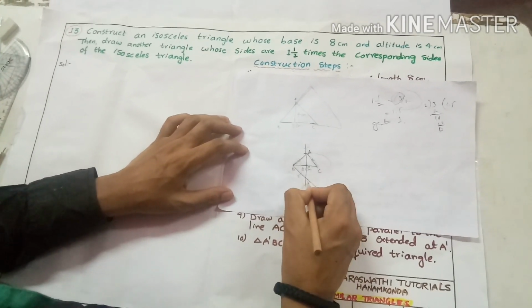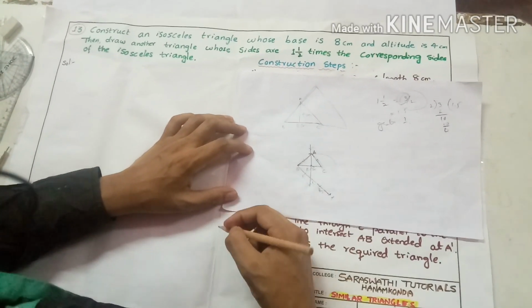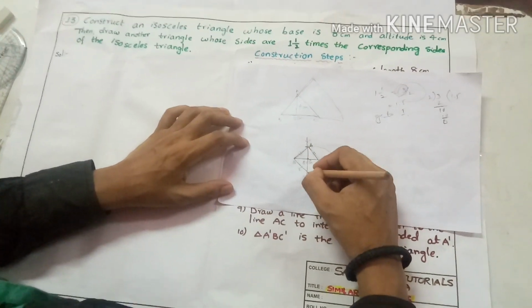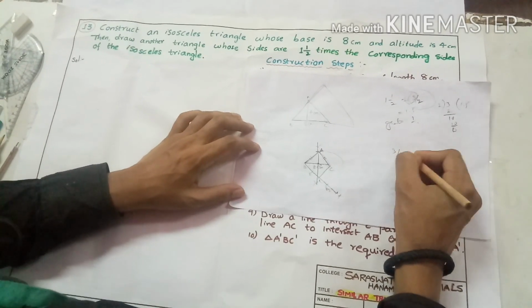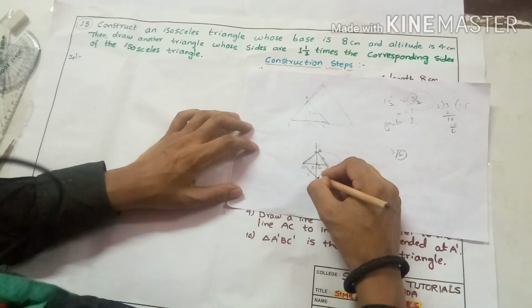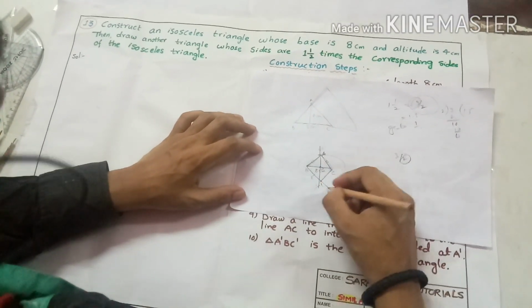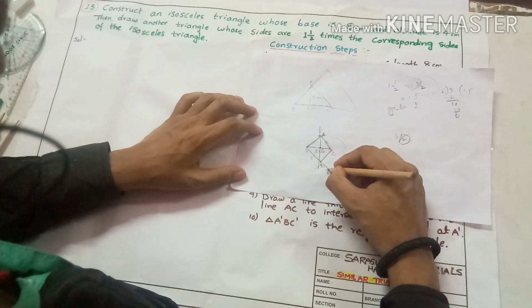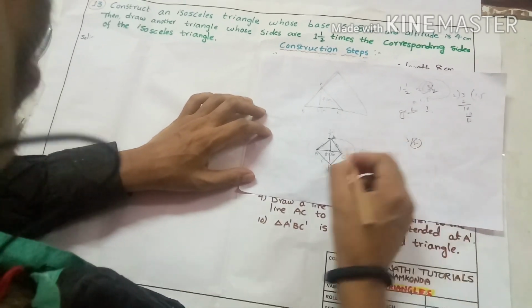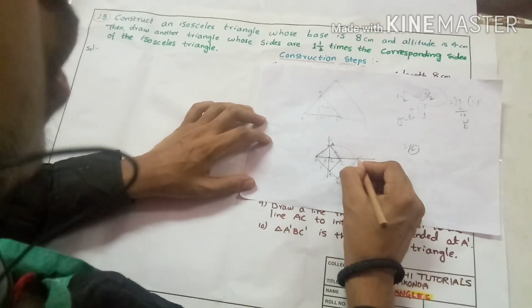So B1, B2 and B3. Now join B2C. Here the smaller value is 2, so we are considering the second point. From B3, draw a line parallel to this B2C. This line drawn from B3 must meet BC produced at C dash.